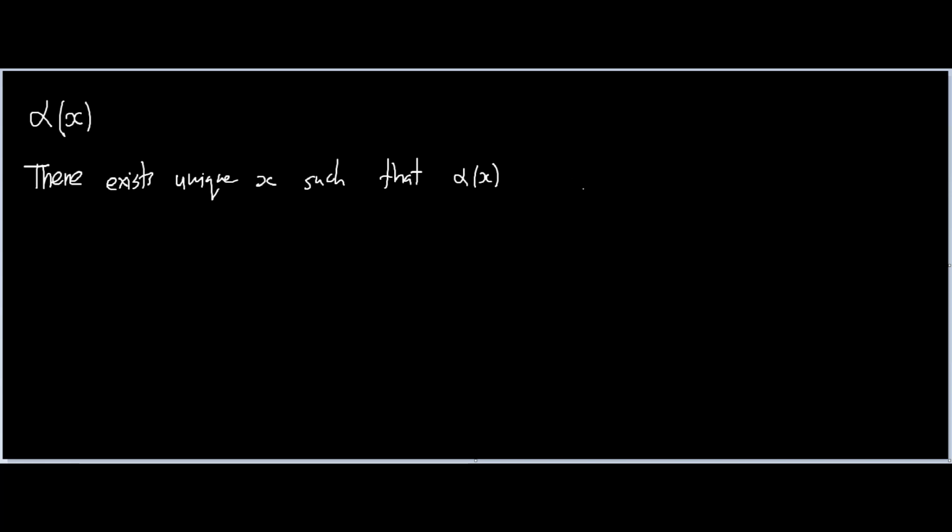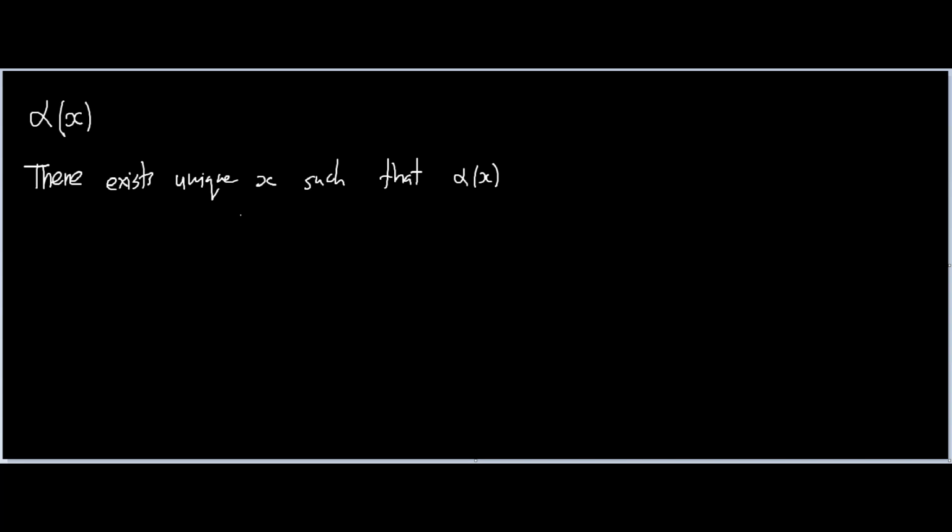This breaking up of exists unique into two parts, that exists and there's only one, is going to be useful, because that's how it will be set up also with the logical symbols.